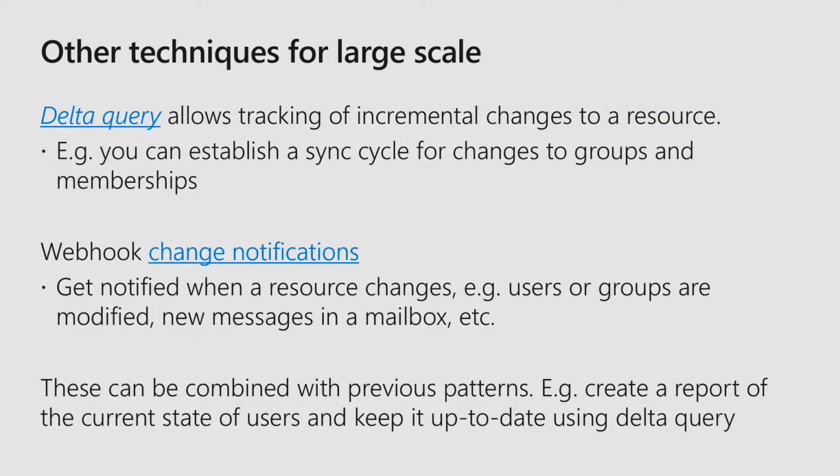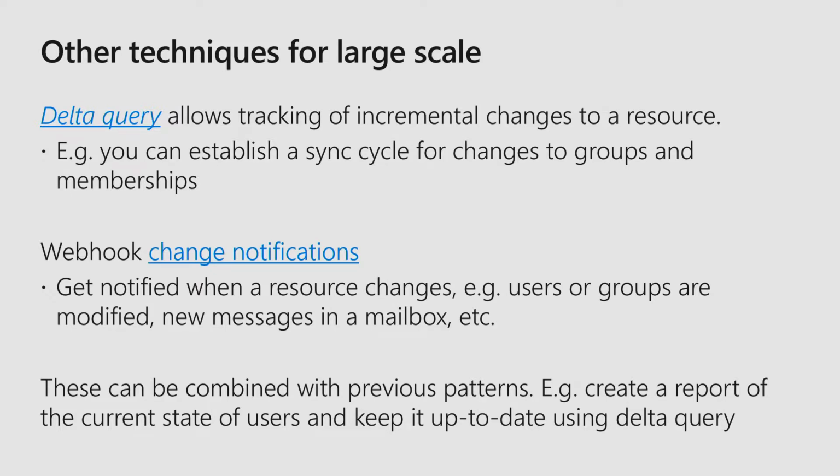A few other interesting things you may want to look into if your organization is large. We have a Delta Query functionality in Microsoft Graph. It allows you to track incremental changes to resources. So what I showed you, as cool as it was, you don't really want to run this script all the time, downloading all your users over and over again, because that's wasteful.